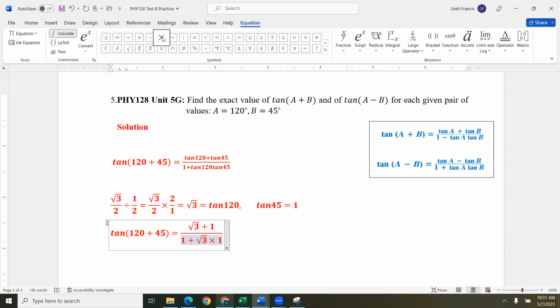And we can simplify this by this being root 3 plus 1. That'll be the numerator. Divided by 1 plus root 3. Because root 3 times 1 is actually root 3 itself. And root 3 plus 1 is the same as 1 plus root 3. So this will basically simplify to 1.